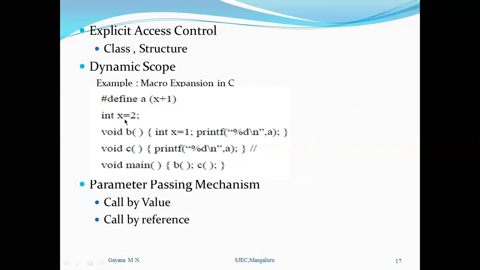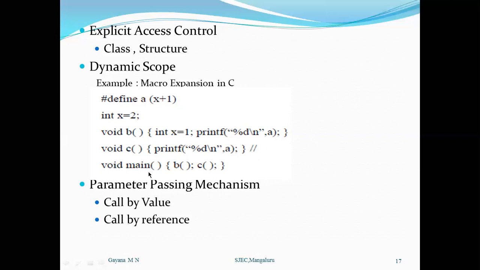So you have a statement x equal to 2, and two functions have been defined, b and then c. Within b, you have initialized x equal to 1 and then you're printing the value of a. And within c, you're just printing the value of a. Then you are calling the main function, which calls b and then c respectively, correct?